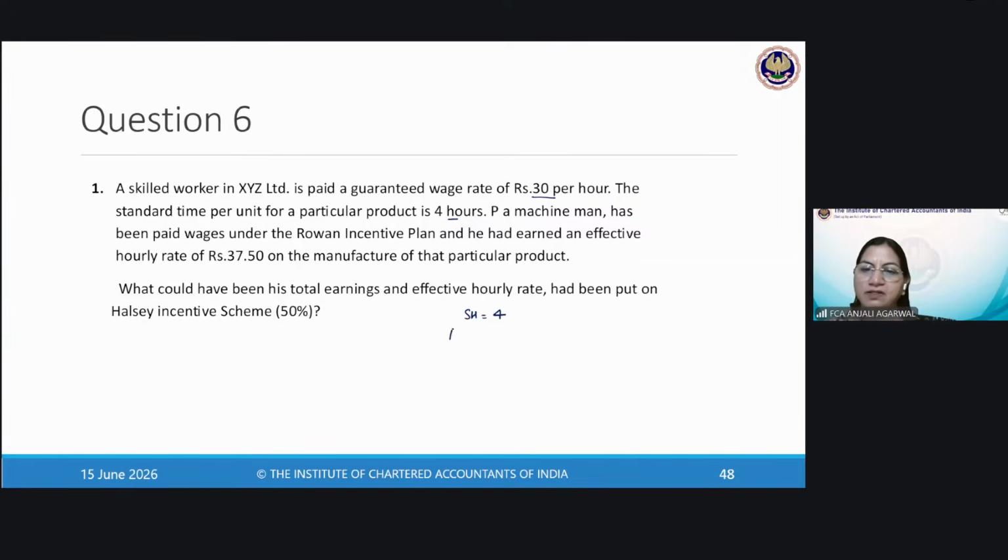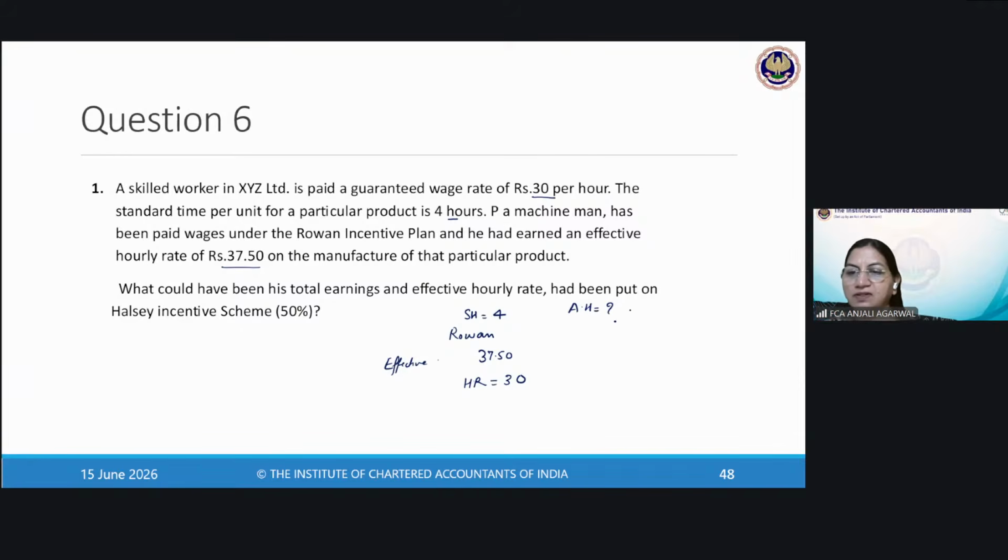He was paid under the Rowan plan. And he got an effective wage rate of 37.50. Hourly rate is 30. So in how many hours did he do the job?